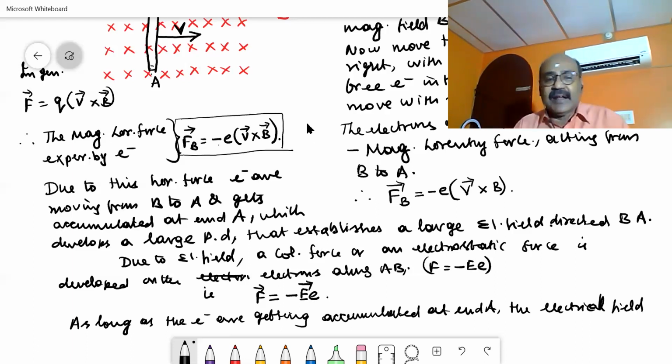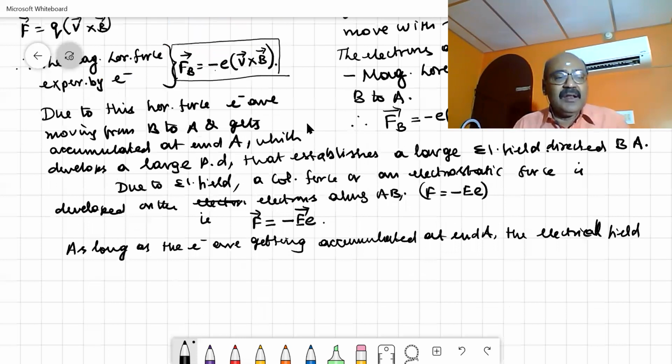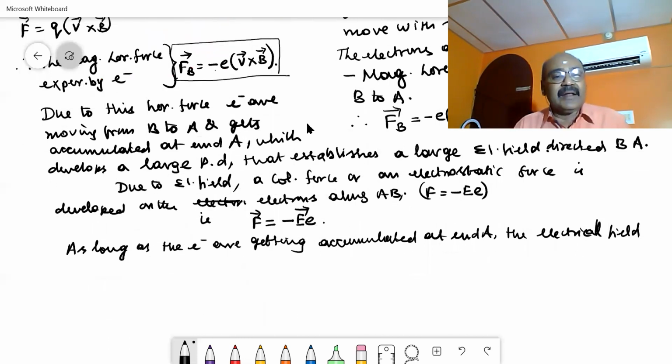What happens to the electrical field? The electrical field goes on increasing.